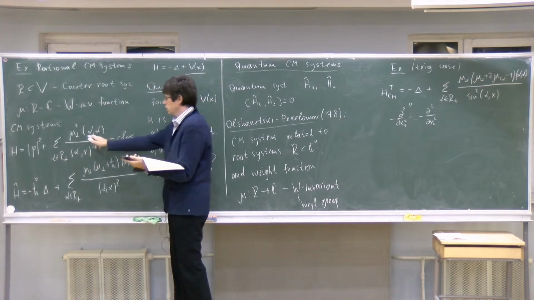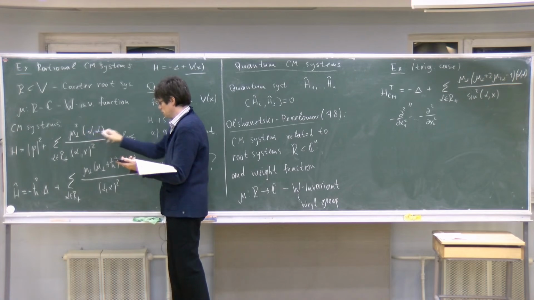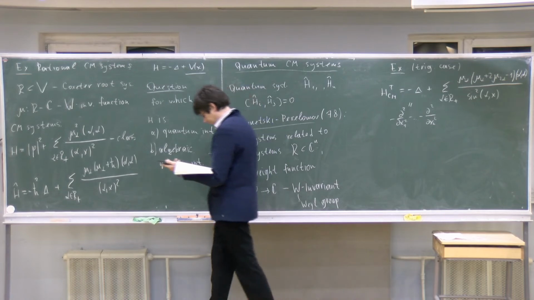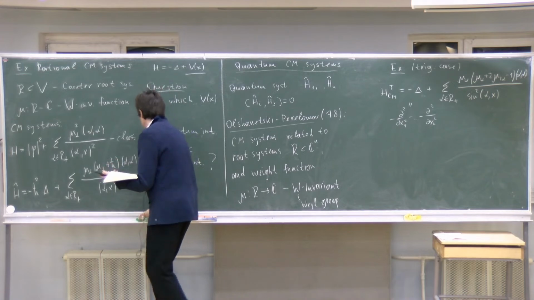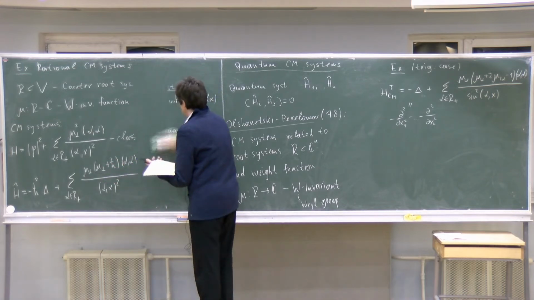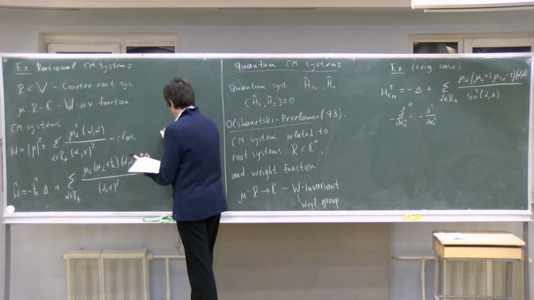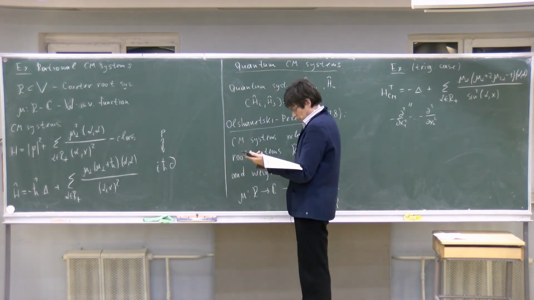Of course, it is assumed that these vectors are non-isotropic, in the sense that this scalar product is not identically equal to 0. Well, and the correspondence here is just p goes to i h delta.